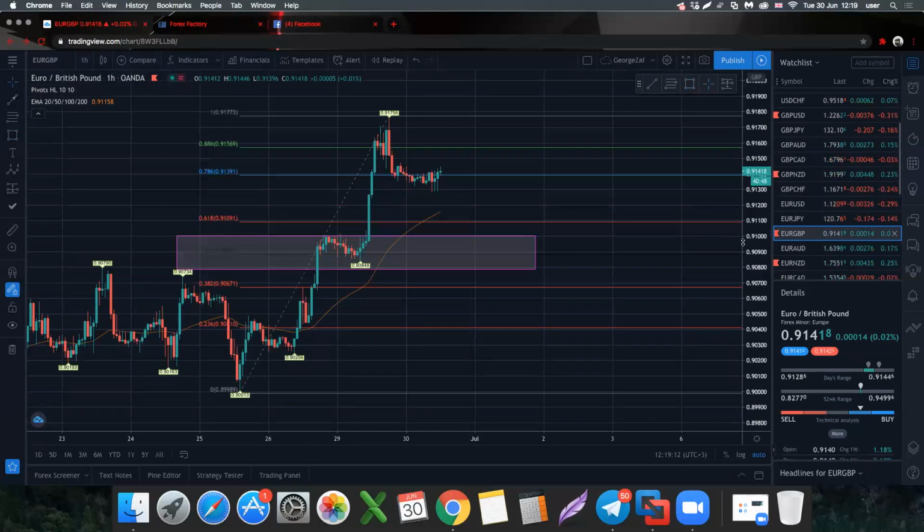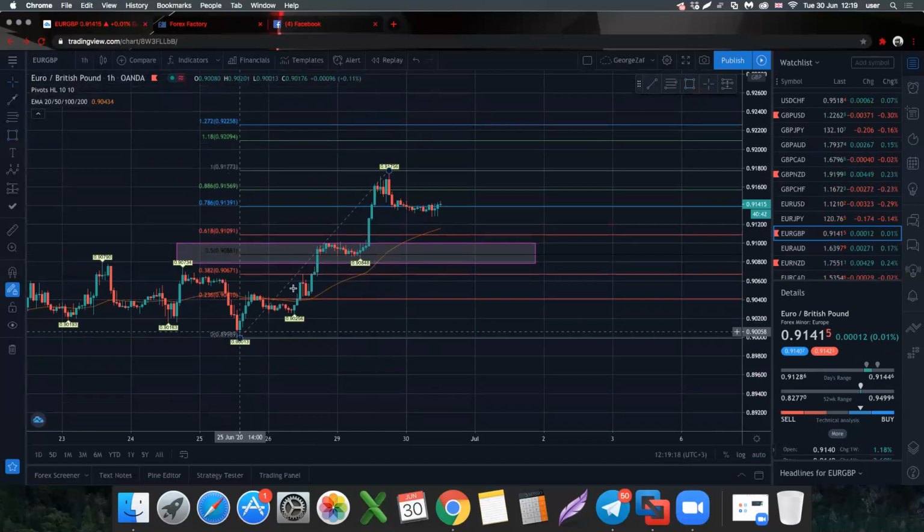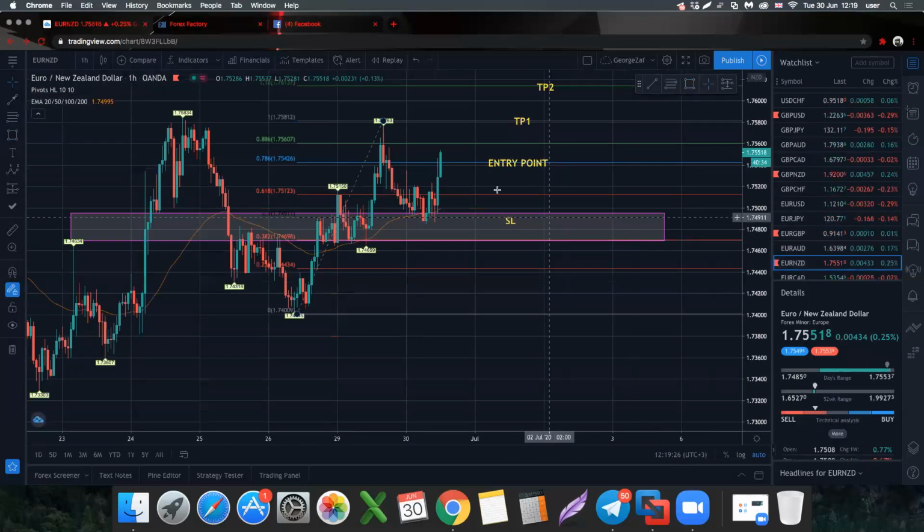Euro GBP, we are looking for a continuation of this uptrend up to the blue extension level, and Euro NZD, we are already in profit. Okay, we got in here, and we are already in profit.